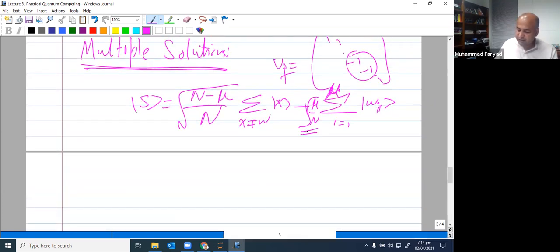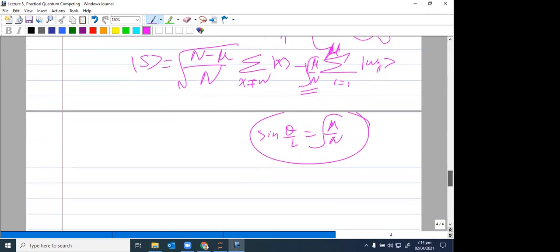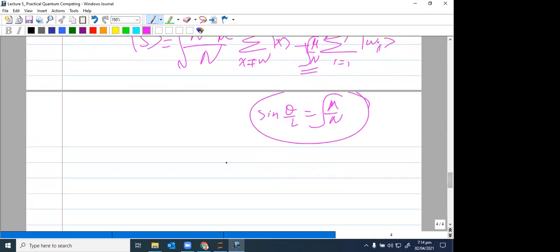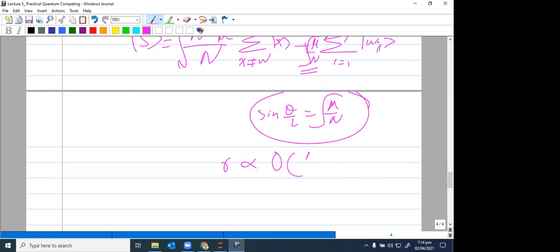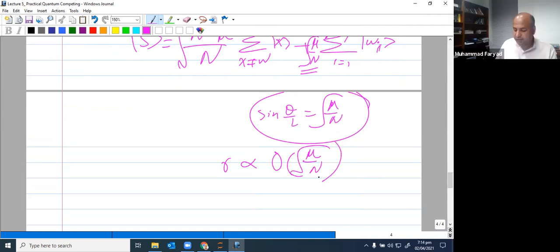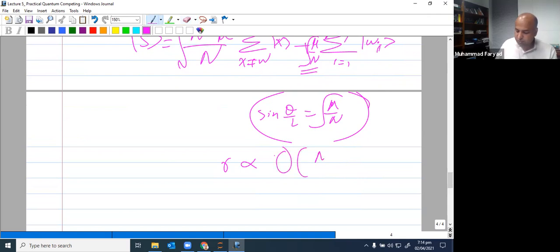So this means that sine theta by 2 now will be equal to the square root of mu over n, and you can work out exactly the same thing with these multiple states, and you will see that the number of operations is proportional to, of the order of n over mu.